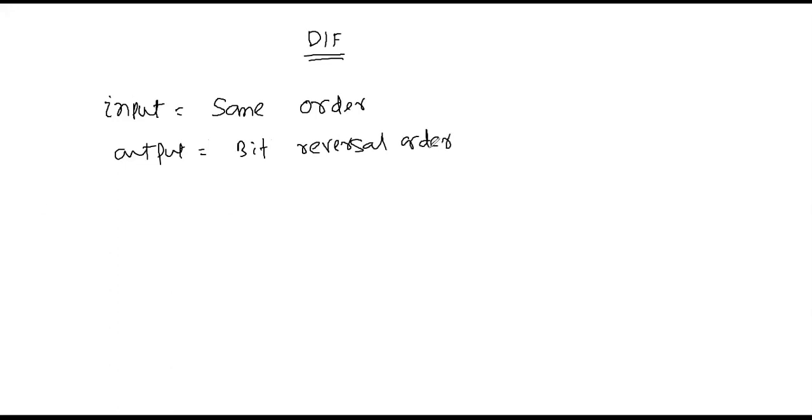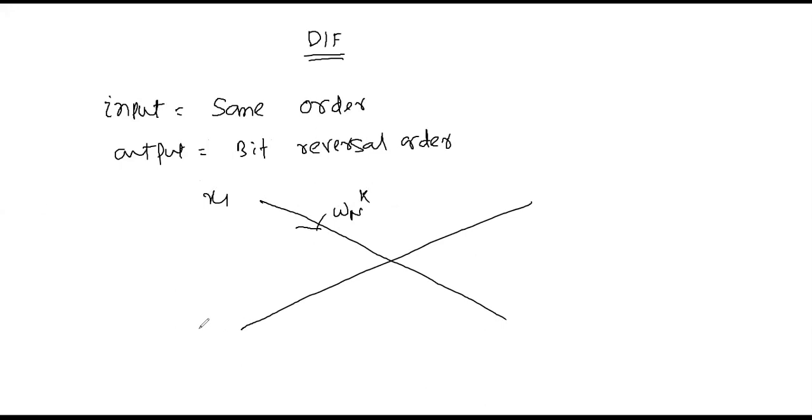Okay, and the butterfly all people know. This is the butterfly: x1, x2. This is your x1 plus x2, and this is your x1 minus x2 times omega n k. This is your DIF butterfly.